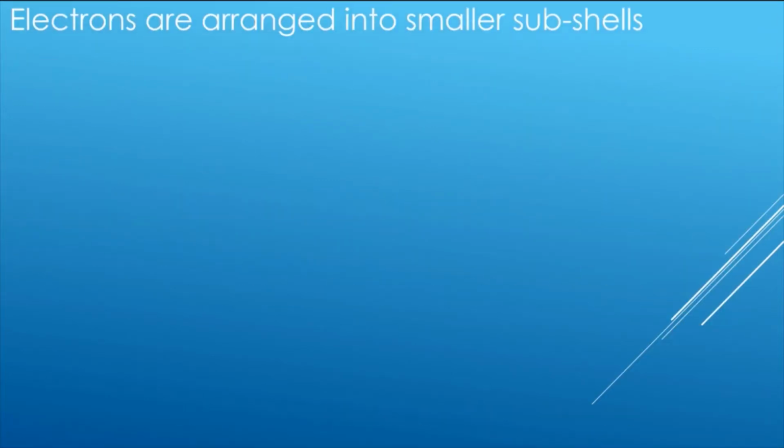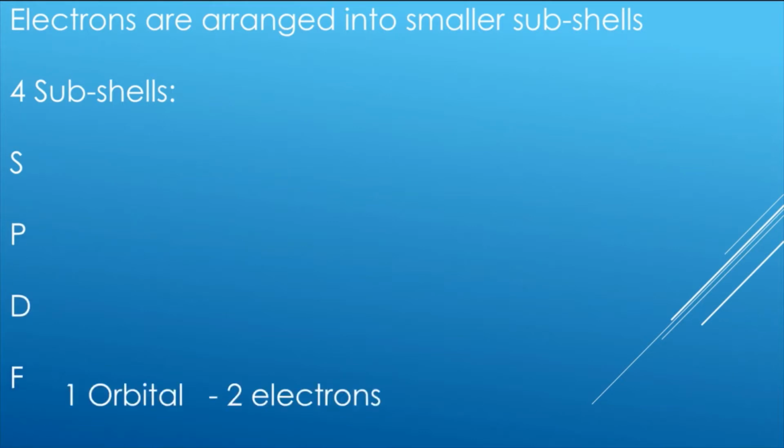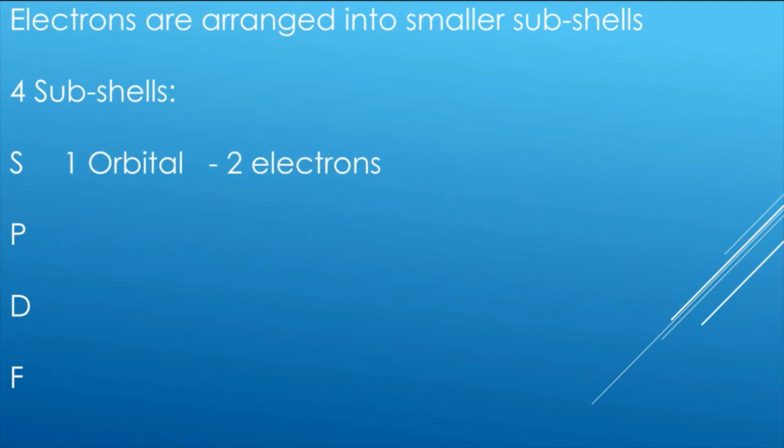And then next, the electrons are arranged into smaller subshells. There are 4 types of subshells: the first one being the S subshell, then P, then D, and then F. The S subshell has 1 orbital and therefore 2 electrons, because 1 orbital can hold up to 2 electrons.